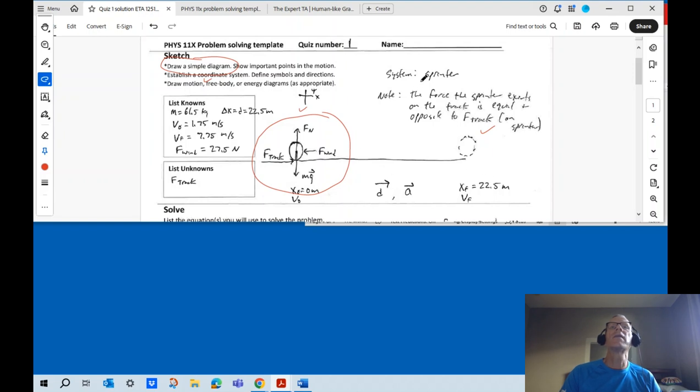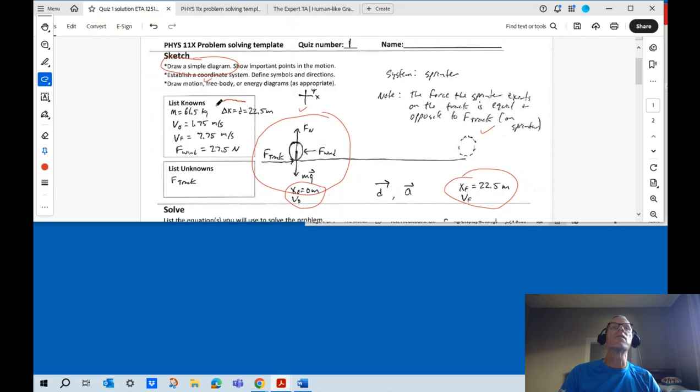I've got the initial position and initial velocity labeled. I've got the final position and the final velocity labeled. So here's one of those times where I mentioned it doesn't say it starts at 0 and ends at 22.5, but it says the person runs 22.5 meters. So it makes sense to say that the initial position is 0, the final position is 22.5.